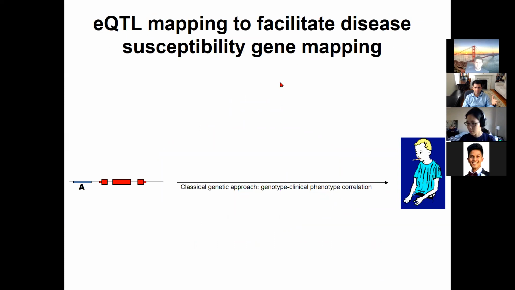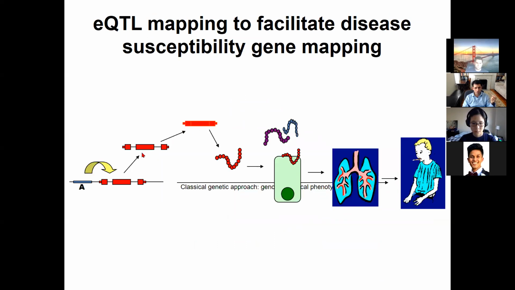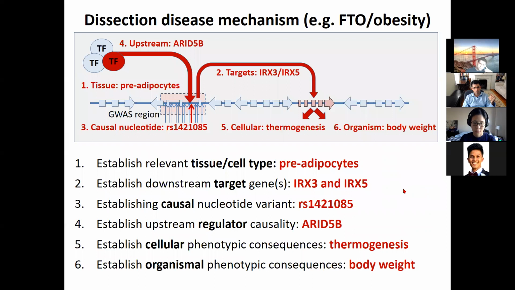So how do you find the target genes of these non-coding variants? The idea is that you have a genetic variant that impacts the level of expression of the gene, and that indeed leads ultimately to some disease phenotype. And when we looked at this dissection, we used eQTLs, even though we didn't belabor that point too much, in dissecting the FTO locus.